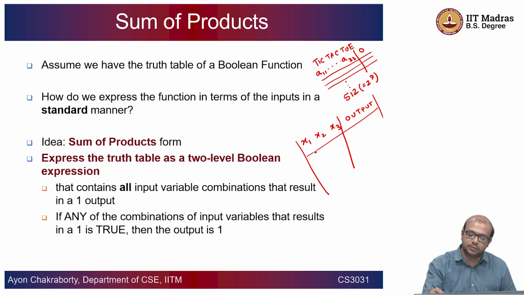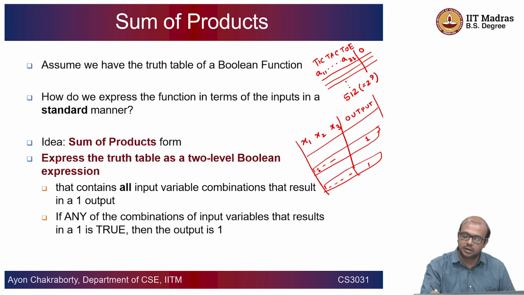So what we are trying to say is we first select rows. Let's say you have a 1 here for some inputs and a 1 here for some inputs, and the rest are 0. Let's say this input is 1 0 1 and this input is 1 1 1, right?